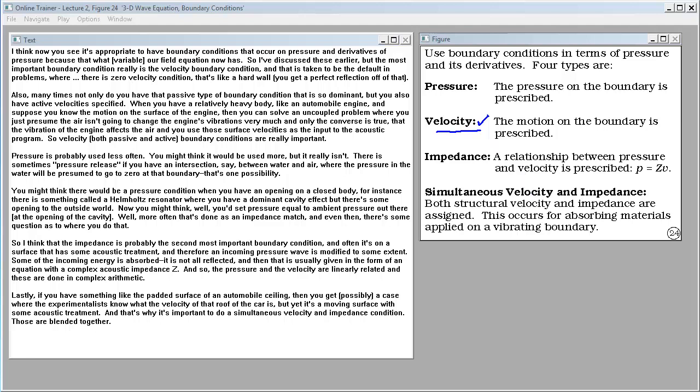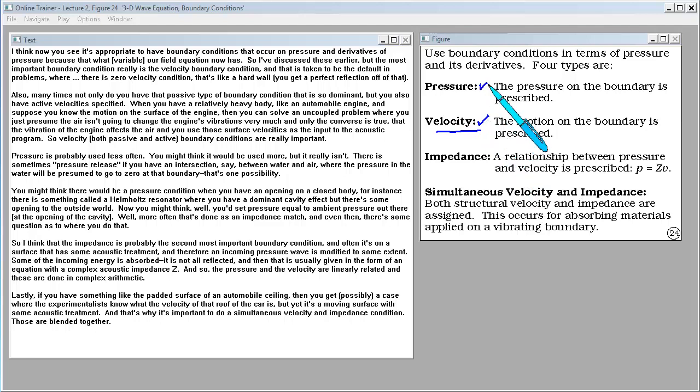And suppose you know the motion on the surface of the engine, then you can solve an uncoupled problem where you just presume the air isn't going to change the engine's vibrations very much, and only the converse is true, that the vibration of the engine affects the air, and then you use those surface velocities as the input to the acoustic program. So velocity, both passive and active boundary conditions, are really important.